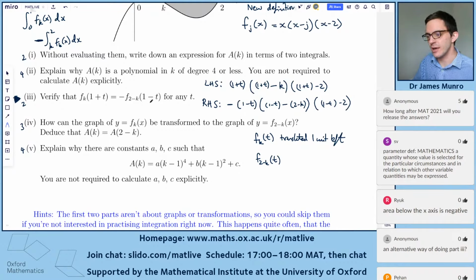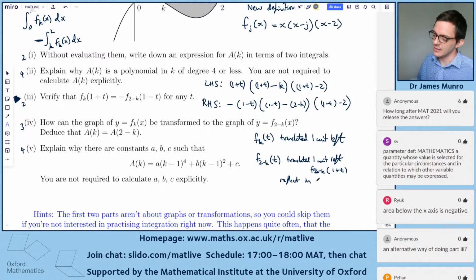I would think of that as translating it 1 unit left, so that gets us to f of 2 minus k, 1 plus t, and then reflect in the y-axis, because that puts a minus sign on it to get us to f of 2 minus k, 1 minus t. Okay, and finally there's a minus sign at the front that means reflect in the x-axis. That gets us to minus f of 2 minus k, 1 minus t.